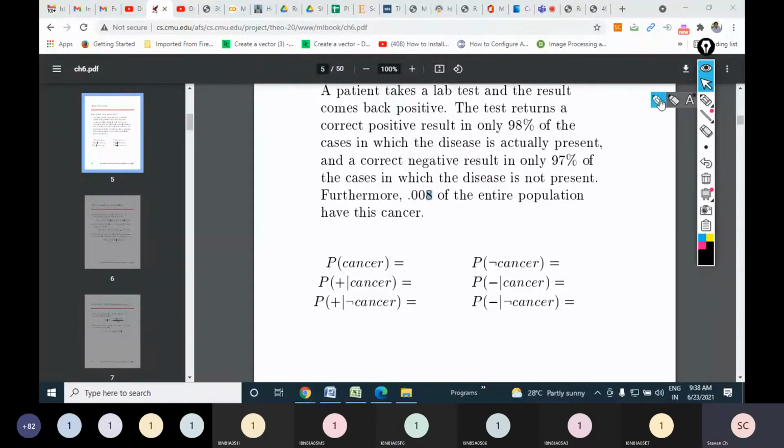For 2% of people it says they don't have cancer, but originally they have cancer. This negative is false, so it is a false negative.